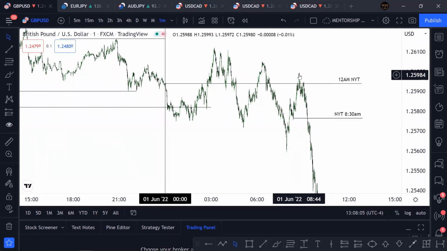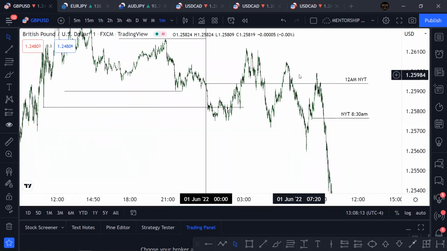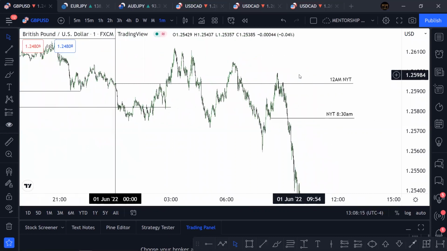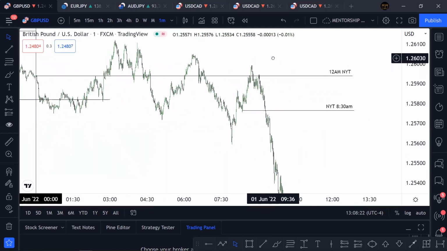This is smart money. These are not my concepts. I just want you to go on your charts. Do this live. You're going to get good results. Where do you sell? You sell here.